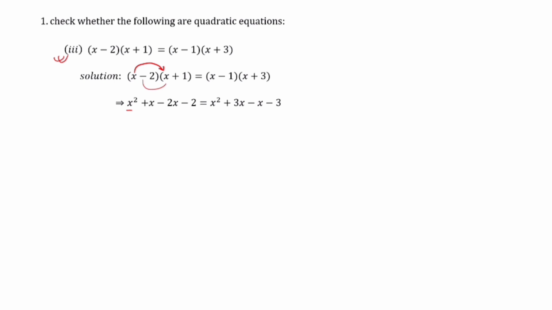So minus with 2x will give me minus 2x, 2 into 1 will give me 2, and here also it is the same, x into x will give me x squared, so plus with plus will give me plus, so x into 3 will give me 3x, so minus with this plus will give me minus, so 1 into x will give me x only, so minus with plus will give me minus, so 1 into 3 will give me 3.